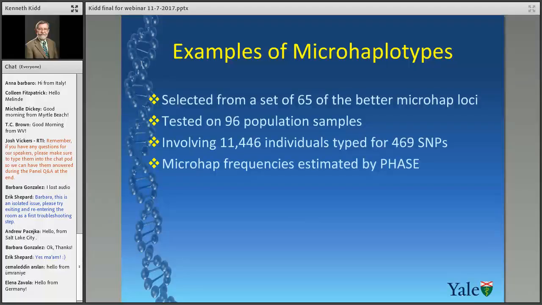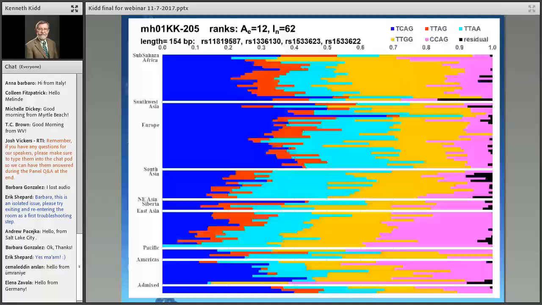So let me give you some examples. 65 of them we've expanded to 96 population samples involving nearly 12,000 individuals typed for 469 SNPs. So these frequencies are estimated by phase, but remember, as a statistic with this large number of individuals, it's very accurate at the population level.